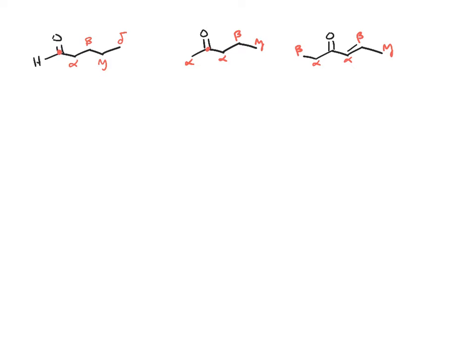All right, now, on this third compound, you have the double bond between alpha and beta. This is an alpha-beta unsaturated ketone. You can have other alpha-beta unsaturated carbonyls.